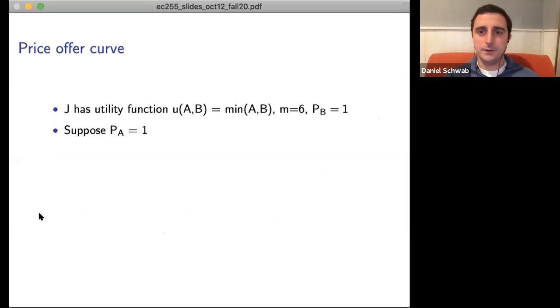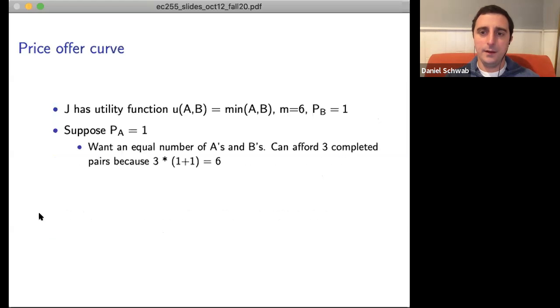Okay, so this is just repeating the problem. So let's suppose that the price of apples is 1. Okay, well, we know that we want an equal number of apples and bananas, right? There's no sense in having 10 apples and 2 bananas. That would be a waste of money. And so this person can afford 3 completed pairs.